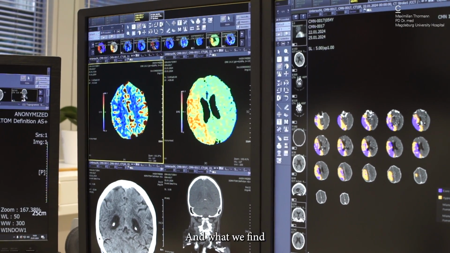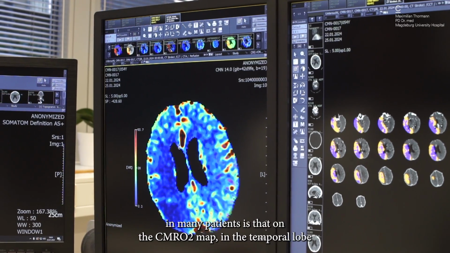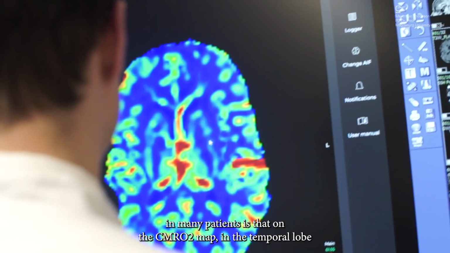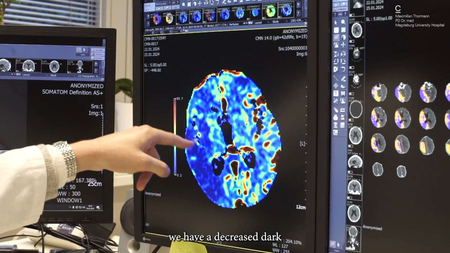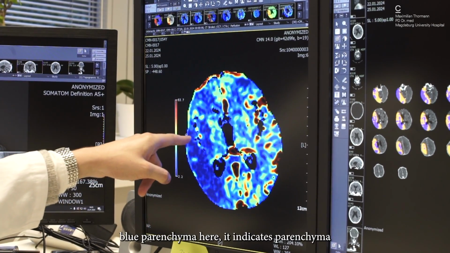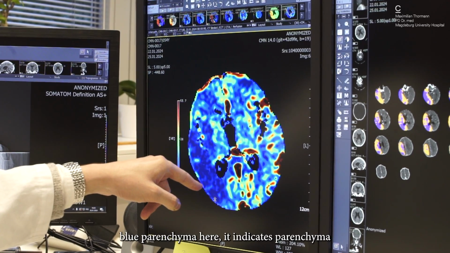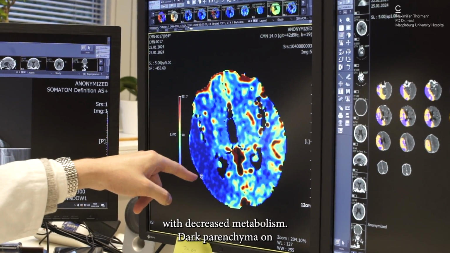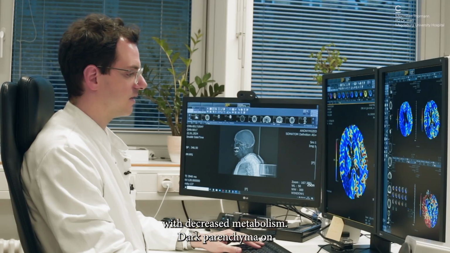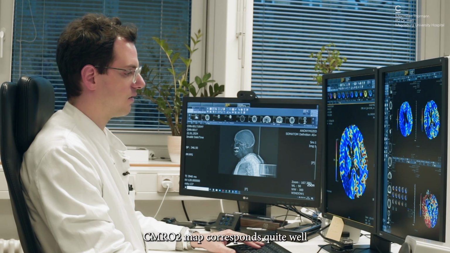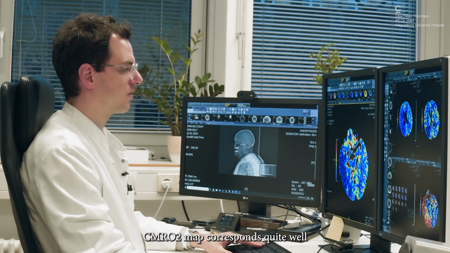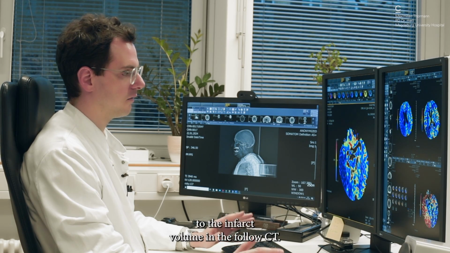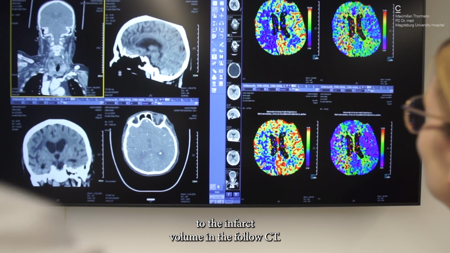And what we find in many patients is that on the CMRO2 map, temporal lobe, we have decreased dark blue parenchyma here, which indicates parenchyma with decreased metabolism. Dark parenchyma on the CMRO2 map corresponds quite well to the infarct volume in follow-up CT.